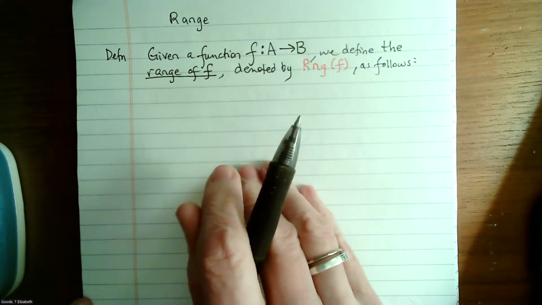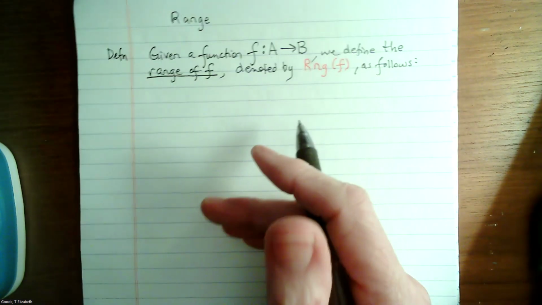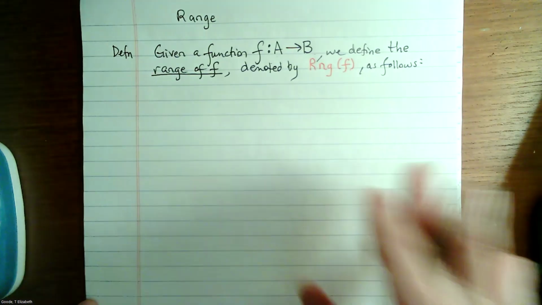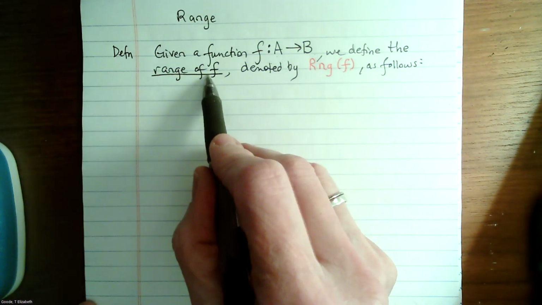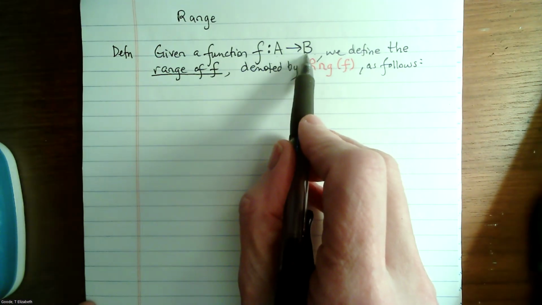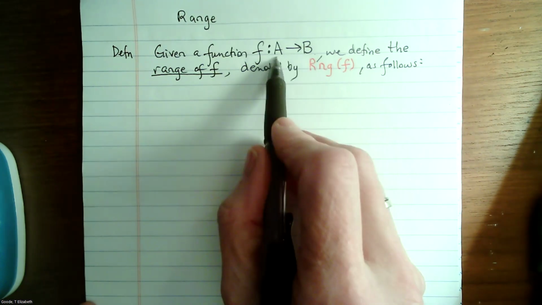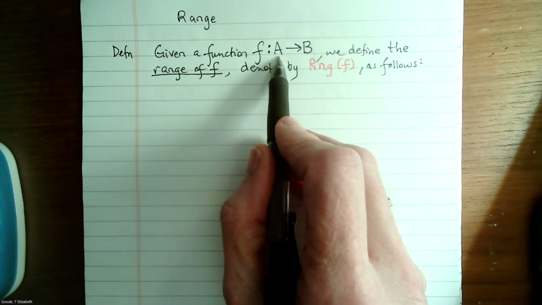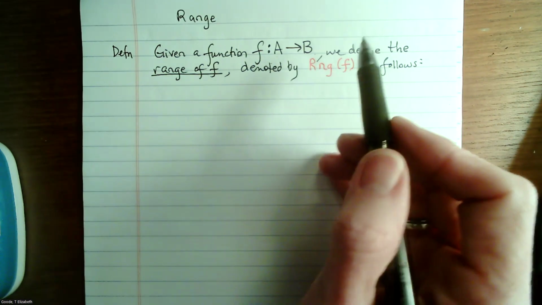Okay, and before I write down the definition, I just want to give you the intuition so that you don't feel completely overwhelmed by these definitions. These elements in the range are the elements of B, the codomain, that actually are second coordinates for some x from the domain A. These are the y elements that actually are achieved.